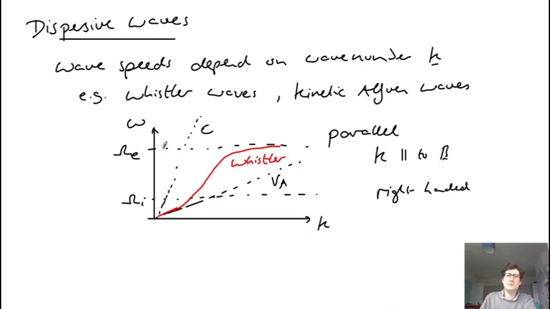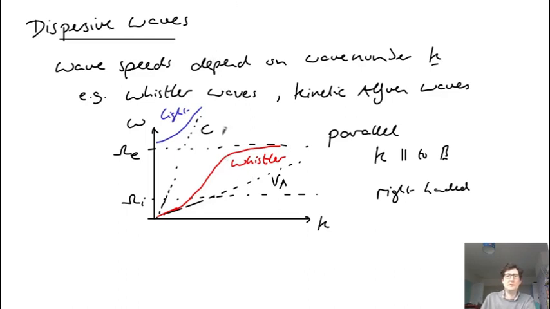And then we have a cutoff around the electron frequency, where the wave is resonant with the electrons and so is absorbed. But a little bit above the electron frequency, you end up with another wave which travels up like this, and this is the normal light wave. So you have this kind of cutoff effect at the electron frequency.